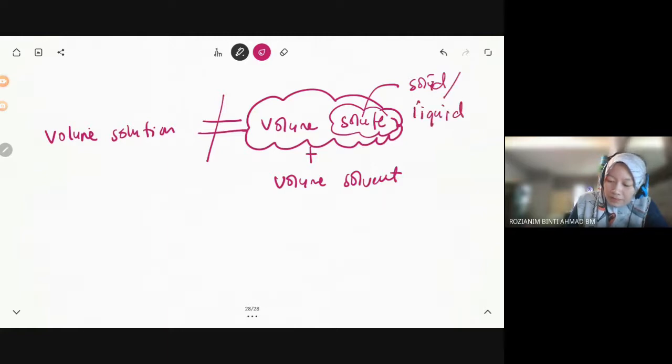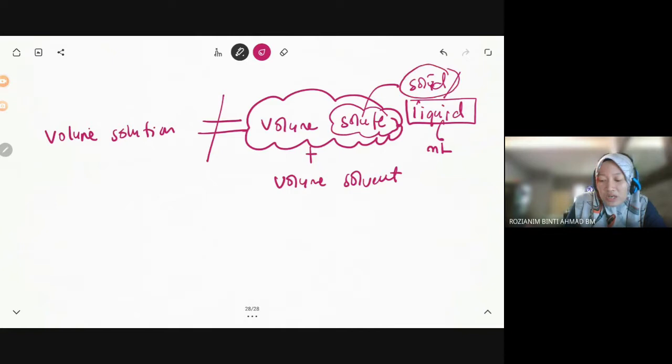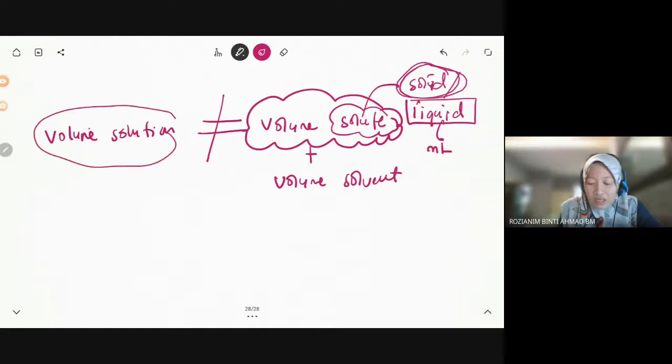Kalau liquid, measurement dia kita boleh ukur volume dalam ml. Tapi kalau bentuk dia solid macam garam, gula, boleh tak ukur volume? Tak boleh. Kalau partikel dalam bentuk solid, measurement dia adalah mass. Sebab itulah volume solution bukan addition between volume solid plus volume solvent, tetapi relationship come from density solution. Tak apa, nanti dalam tutorial saya akan detail lagi bila kita bincang lesson together.